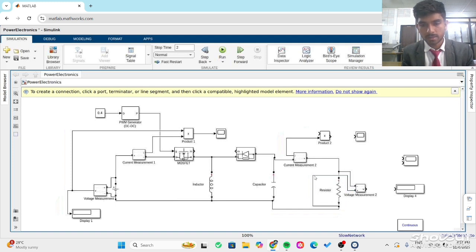Okay, this is connected. Adjust it properly. Connect this display to the voltage measurement. After that, connect the product to the scope to see the product of current and voltage, with one terminal to the voltage measurement block.